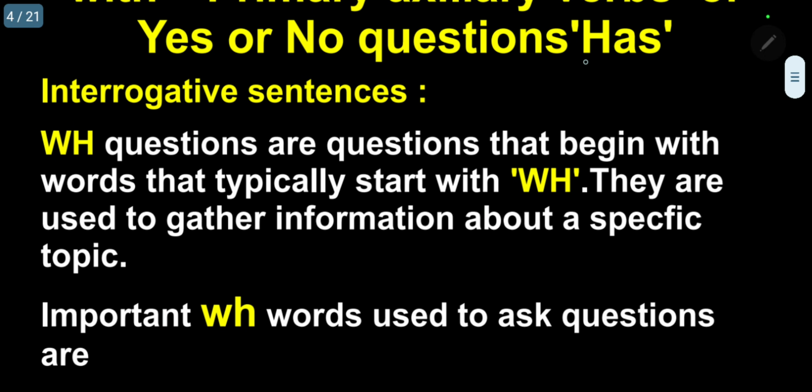Now here, WH questions are questions that begin with words that typically start with WH. They are used to gather information about a specific topic.